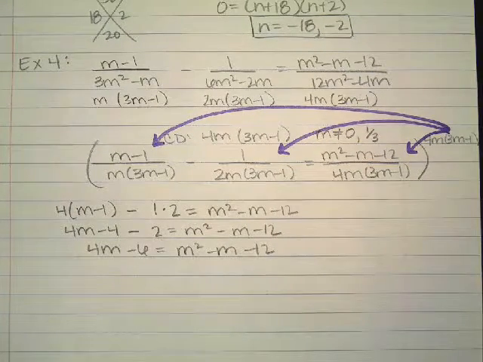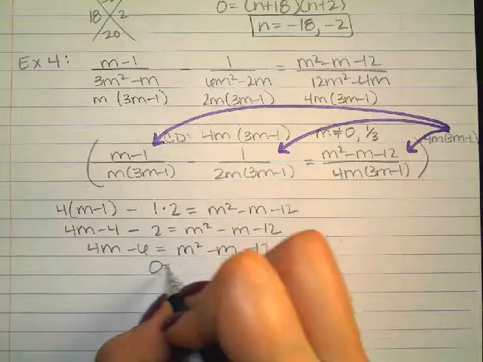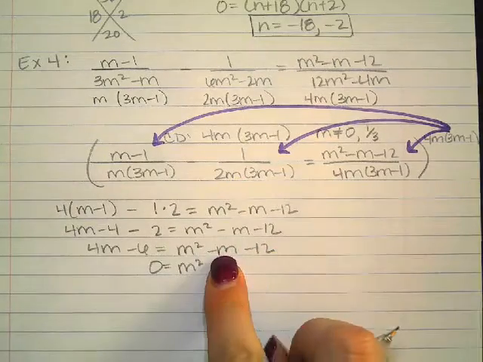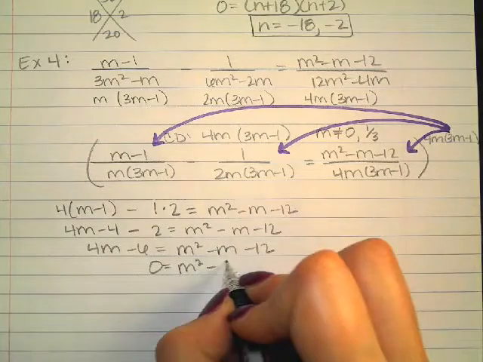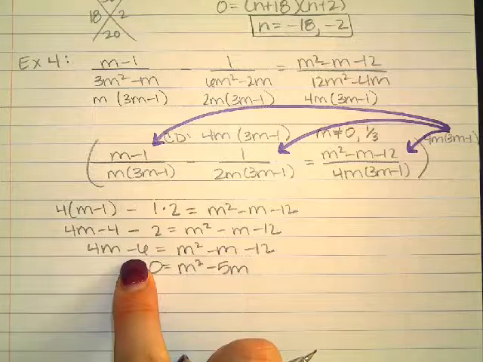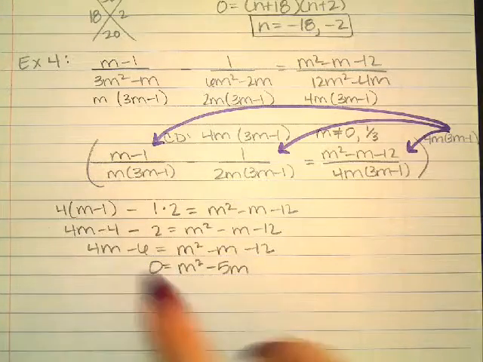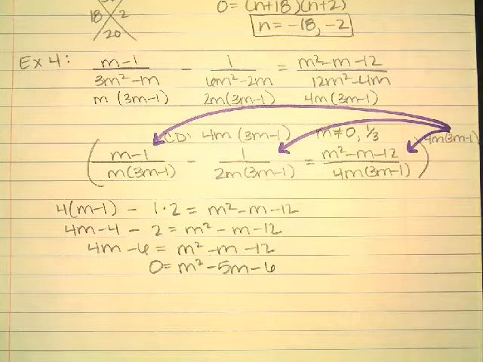And then what should I do? Move it all over to the right side. So M squared, if I have a negative M and I move the 4M, what do I get? If I have negative 12 and I move the negative 6. Negative 6? Yep, negative 12 plus 6 is negative 6. Okay.